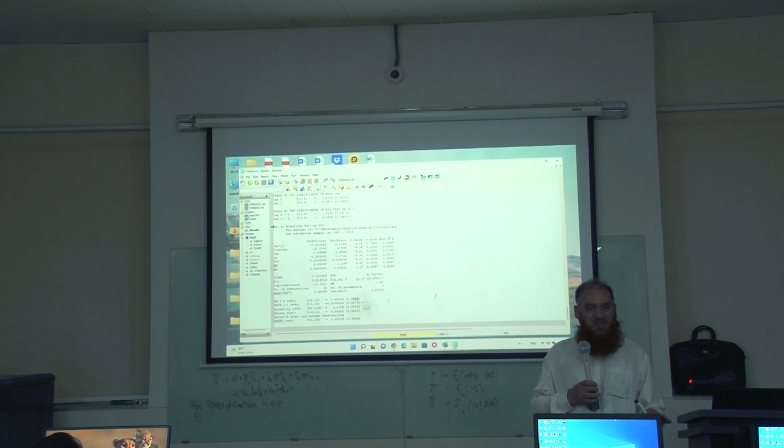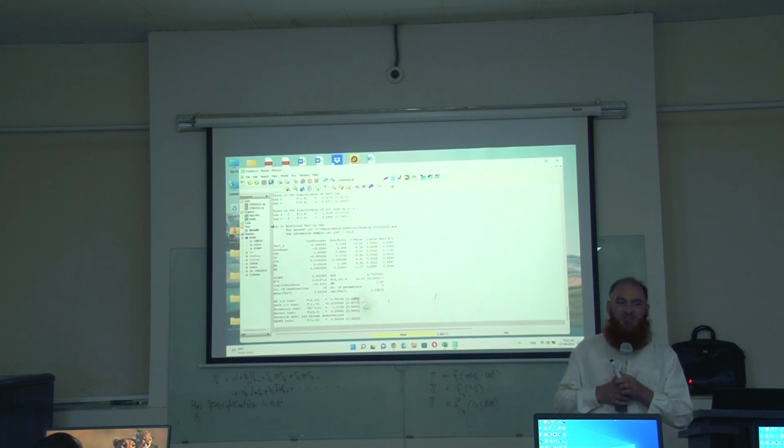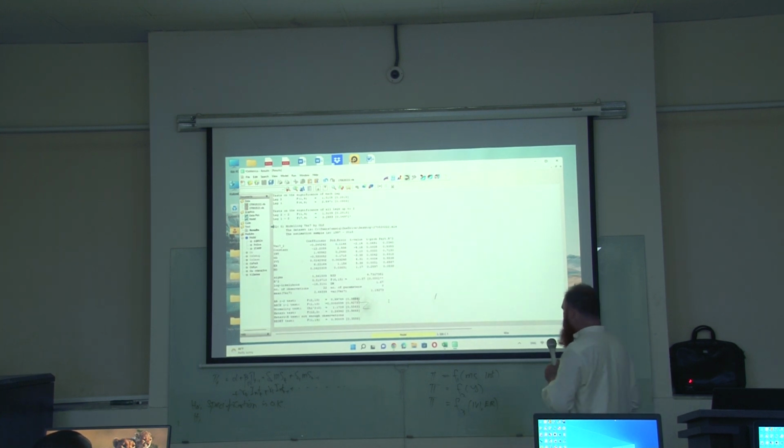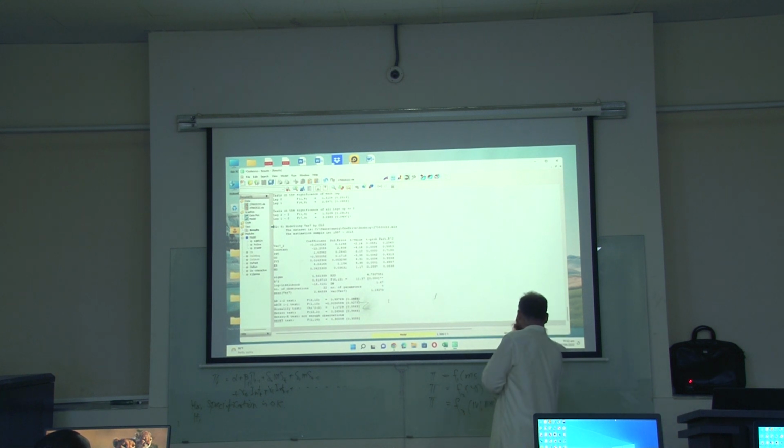Actually, there was a theory which is explaining the relationship, and this theory is very old. Basically, you might have heard the name banking school theory. One of the oldest theories in monetary economics is banking school theory.